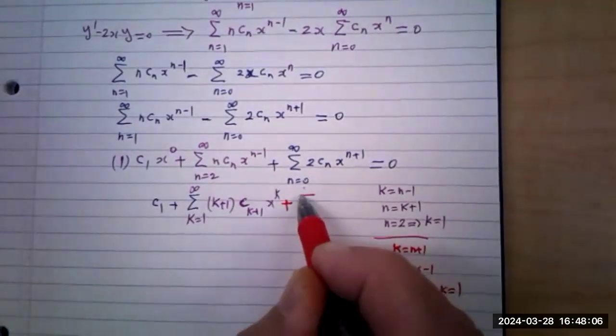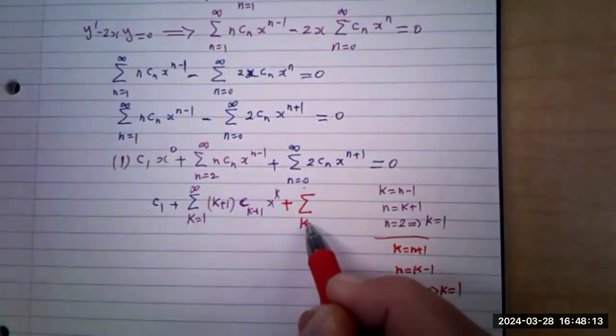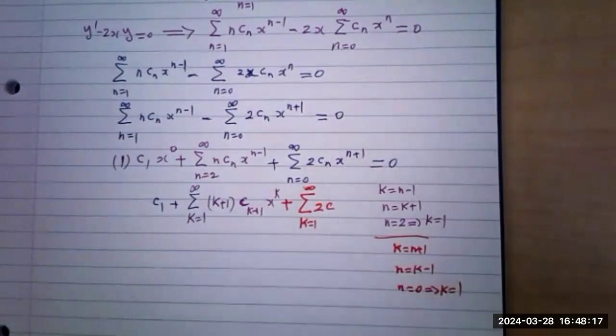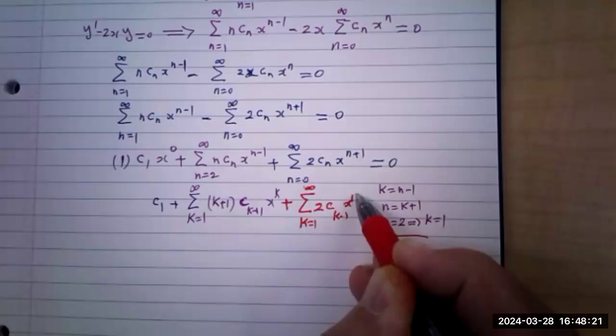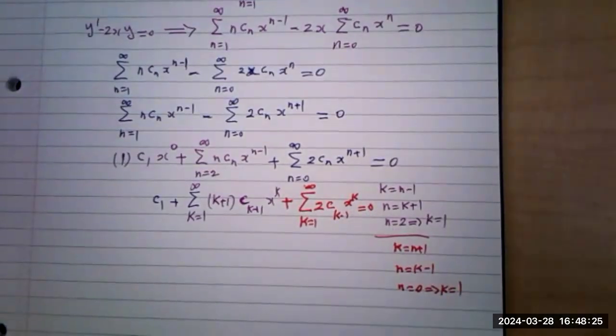So the second one would be sigma, k from 1 to infinity, 2C of k minus 1, x to the k, equal to 0. We arrange it so that the beginning of the series are the same and all the powers are the same. Now we can combine them together to get these indexes.